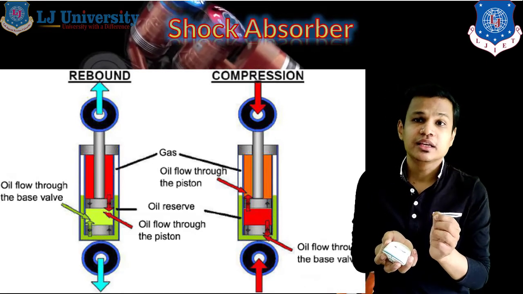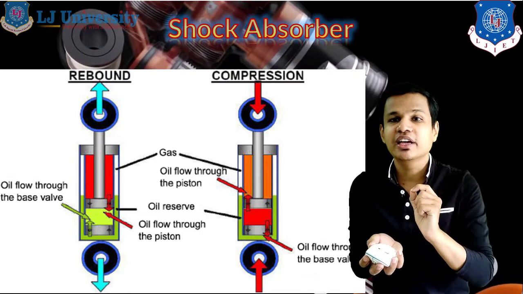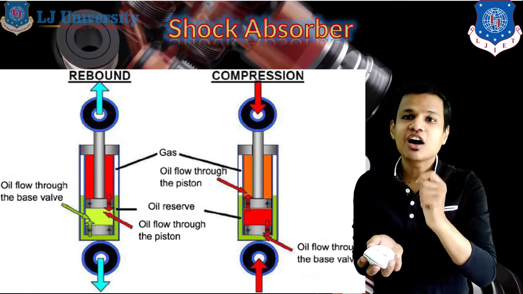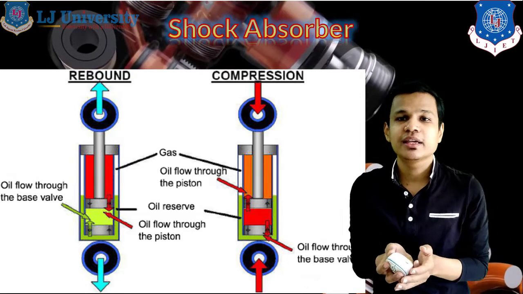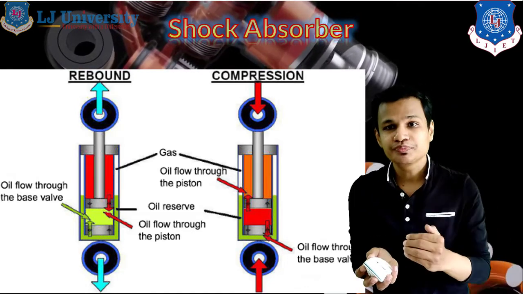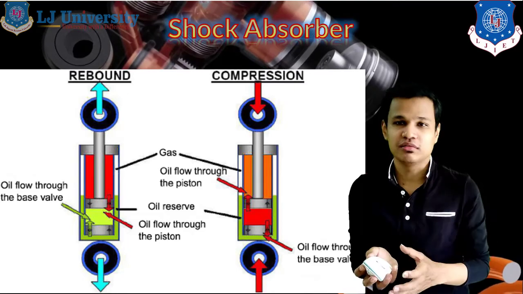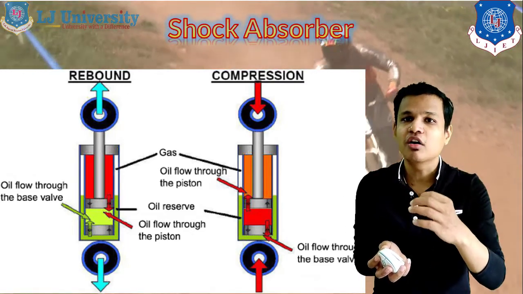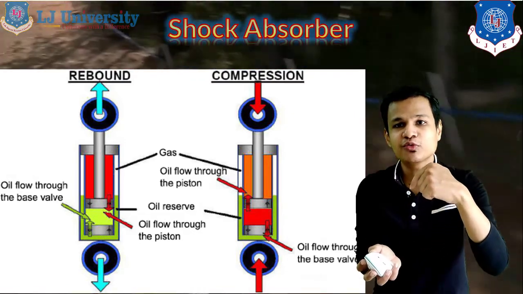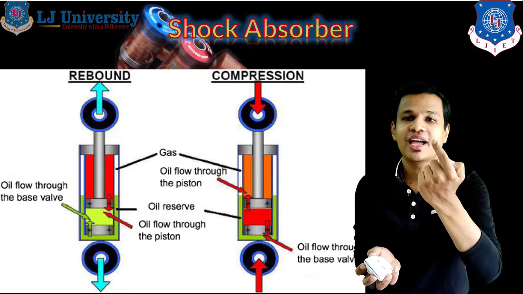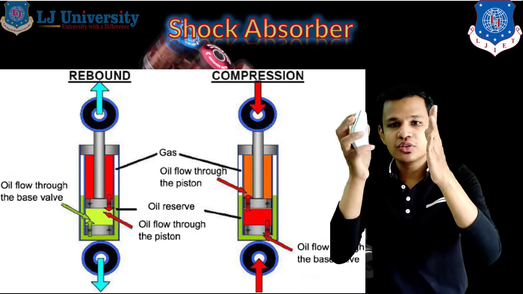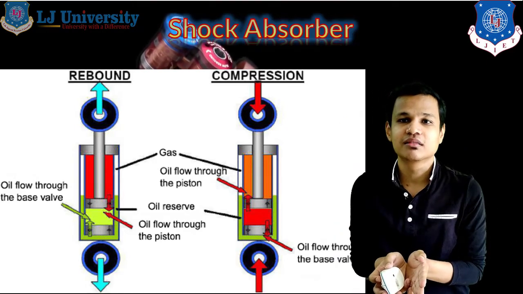But we can see that in the upper part of valve A, the rod is given. So the area of the upper part of valve A is lower compared to the area between the two valves, right? So it will not be sufficient to store the amount of oil that is coming from the below side. So the excess oil will go from the below part of valve B to the sideways cylinder, right?